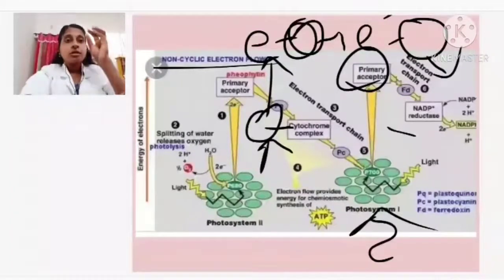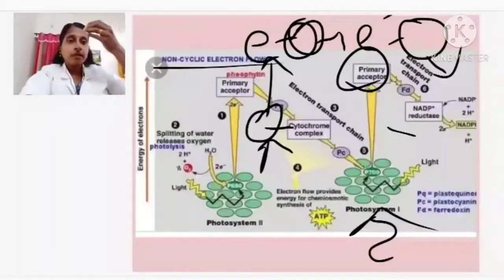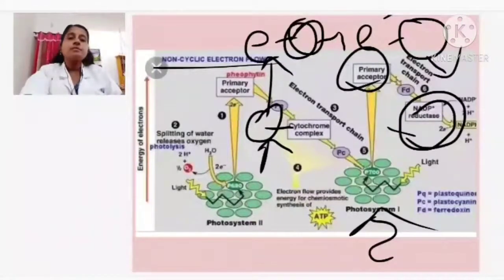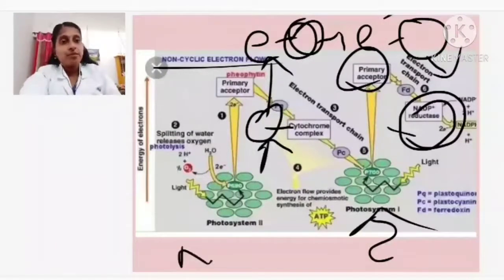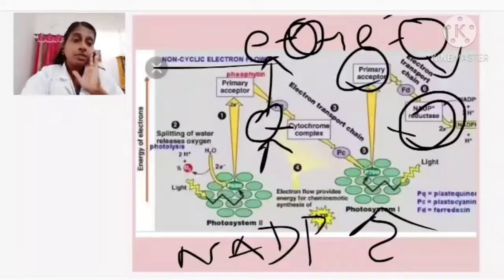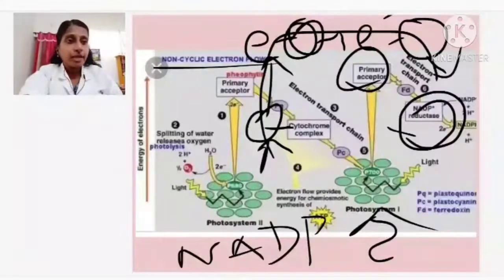The electrons are accepted by electron acceptor molecules, and thereafter one by one they accept and release like this, and the energy is getting transferred to one substance which is waiting for this electron. That substance is called NADP. What is the substance? It is called NADP. This substance is waiting for that electron to come.